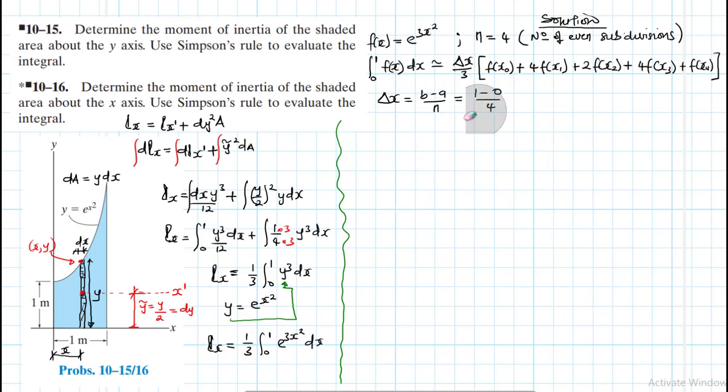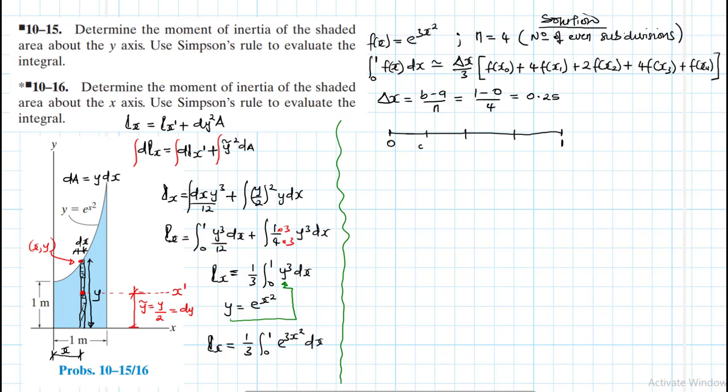All right, so this gives us 0.25. This is the width of each subdivision, or the width of each strip. We can think of these subdivisions as strips. If I was to show this on the number line, we are integrating from 0 to 1, and we've subdivided that into 4 subdivisions, and the thickness of each subdivision is 0.25.